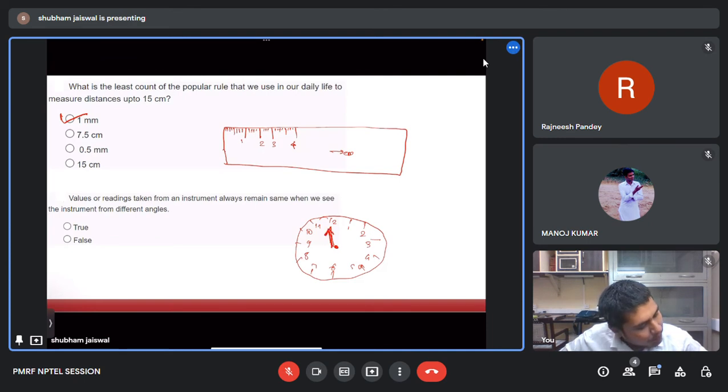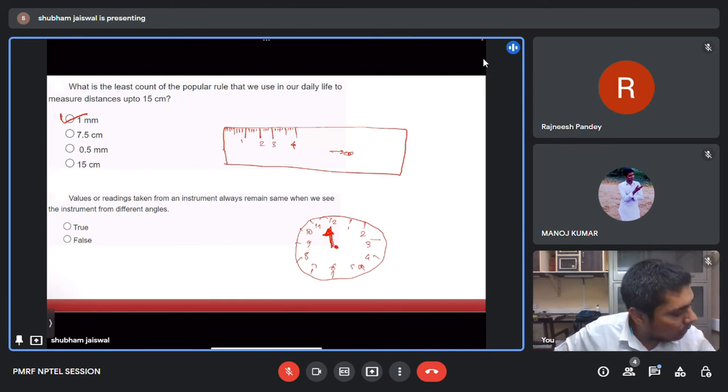If we see it perpendicular to that hand, we will observe that the hand is at 12.